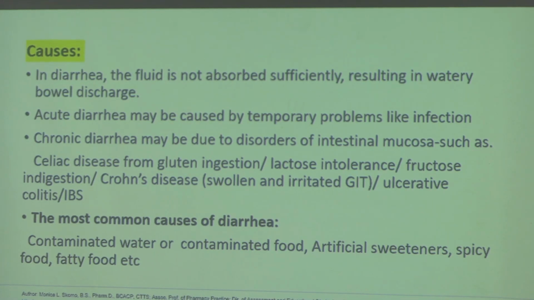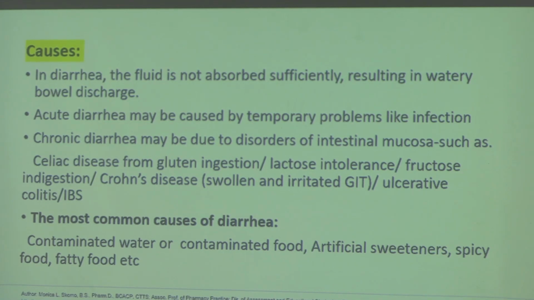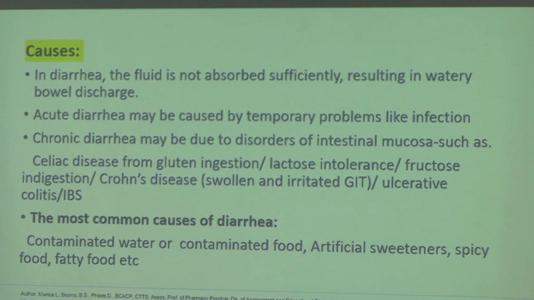There are different disorders in intestinal mucosa. What are these? Swollen and irritated GIT, ulcerative colitis, irritable bowel syndrome, IBS in short, Crohn's disease. Crohn's disease means swollen and irritated GIT.